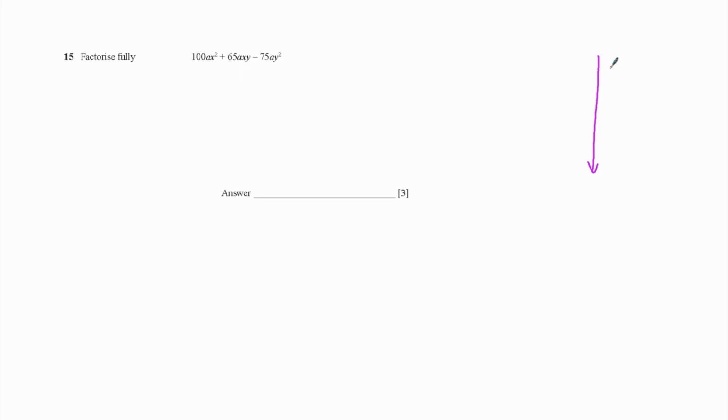So if I only use 5a, which is a common term and common factor, and take this, put a bracket, what remains would be 20x squared plus 13xy minus 15 divided by 5, minus 15y squared.